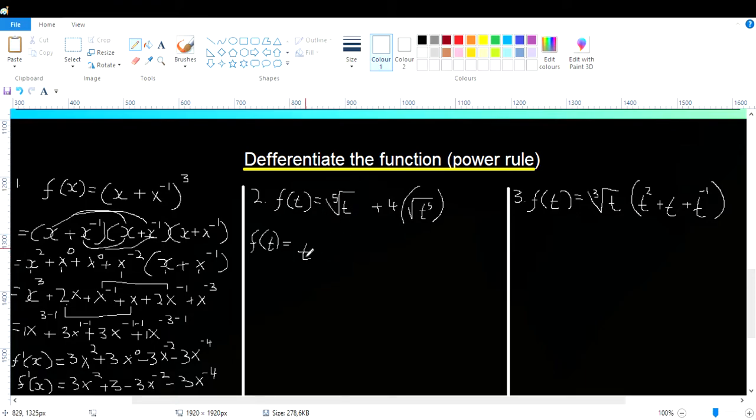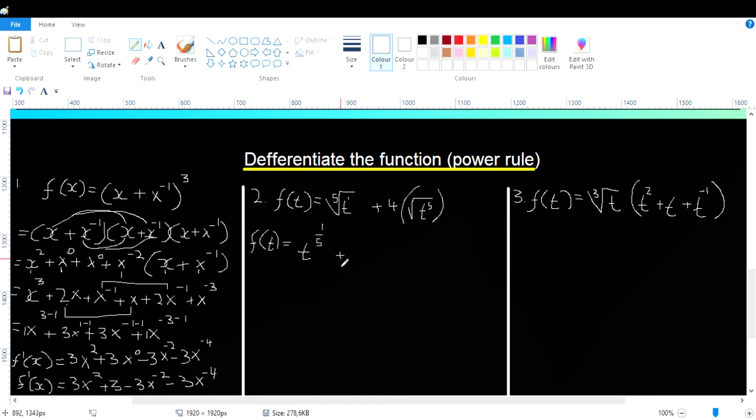So here we have t to the power 1, right? So we're going to have 1 over 5. Yes, it's 1 over 5.